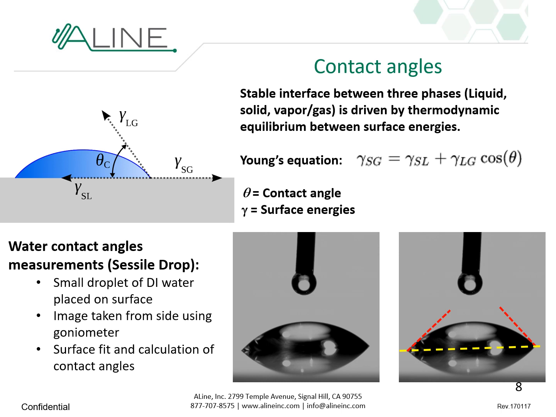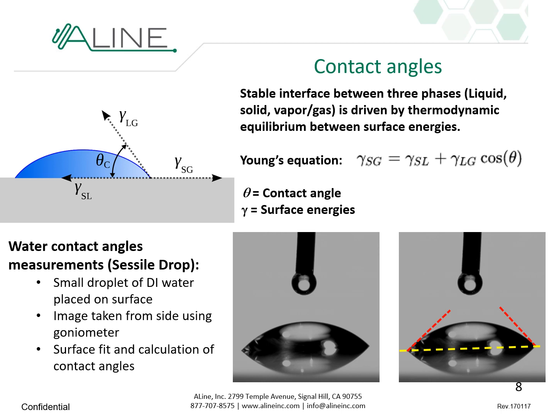Whenever we're trying to characterize the wetting properties of a surface, we typically use water contact angle measurements, which is typically done as a sessile drop. We use a small droplet of DI water placed on the surface. It's typically 3 to 5 microliters, to avoid gravity effects. After it's deposited, an image is taken from the side using the right lighting to ensure good enough contrast.